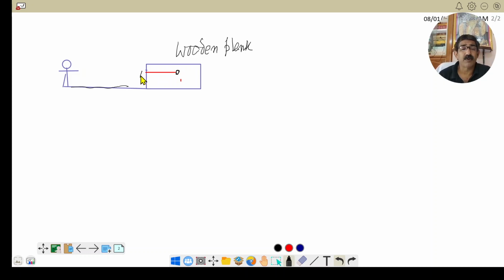So at this point, A, the velocity of the bullet is equal to 10 meter per second. And at this point, when it comes to rest at point B, we have already taught that it is 0 meter per second.